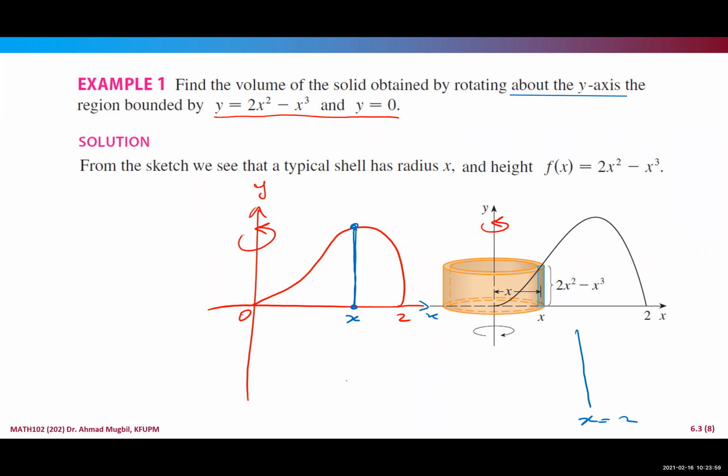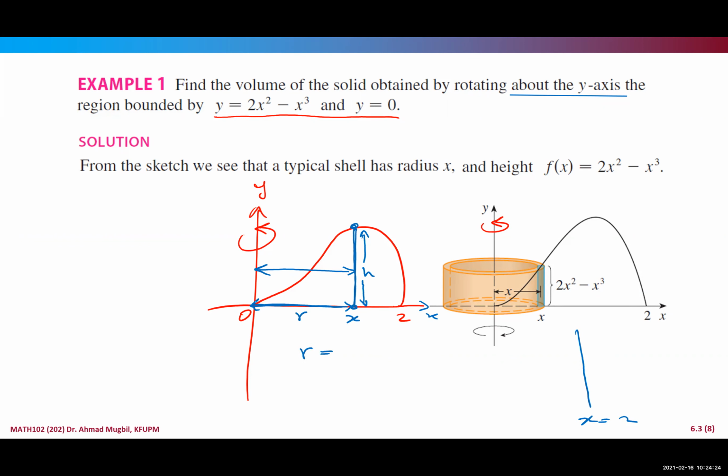Now, the next step is to find the distance from here to here, which will give me R. This will be the shell radius. And the distance from here to here will give me the height of the shell. So R, in this case, what is R, Shabab?